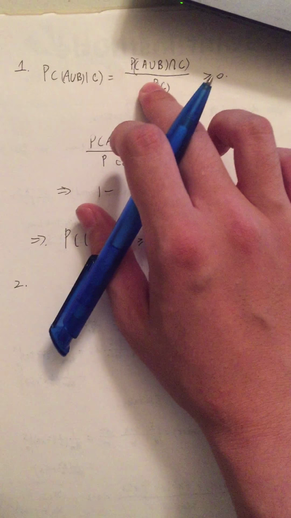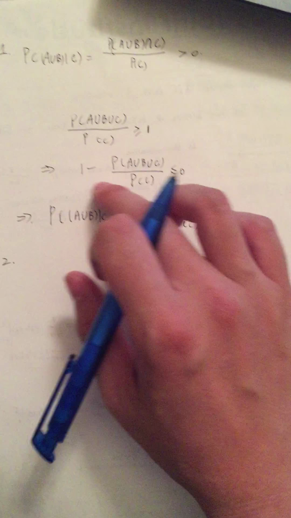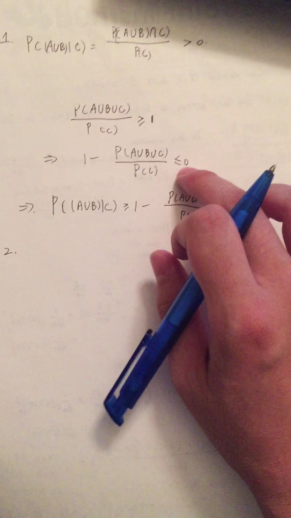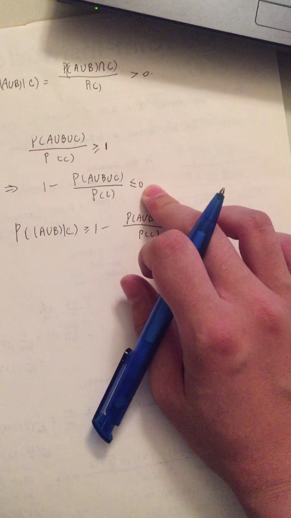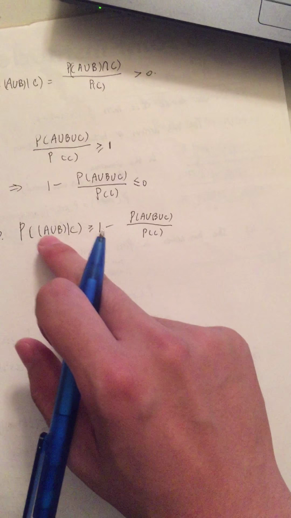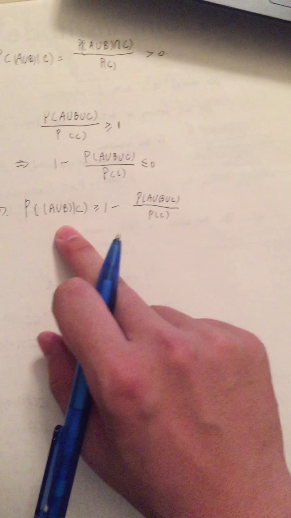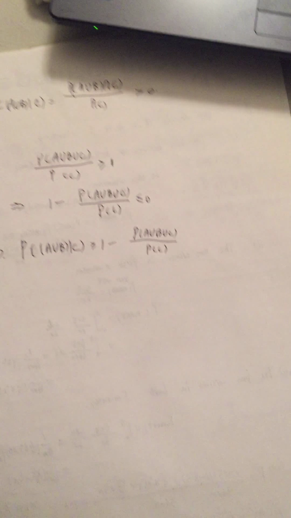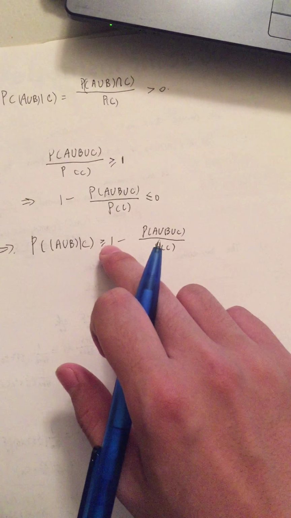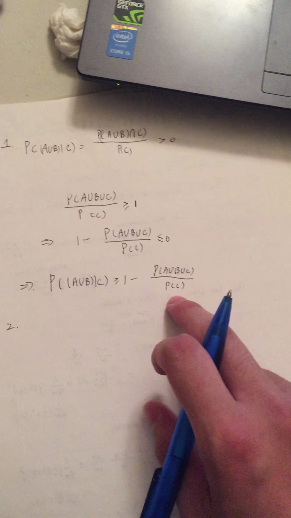So this one is greater than 0, and this equation is less than or equal to 0. So we can use 0 as an intermediate, and get that this ratio is greater than this one. And so we proved the first problem.